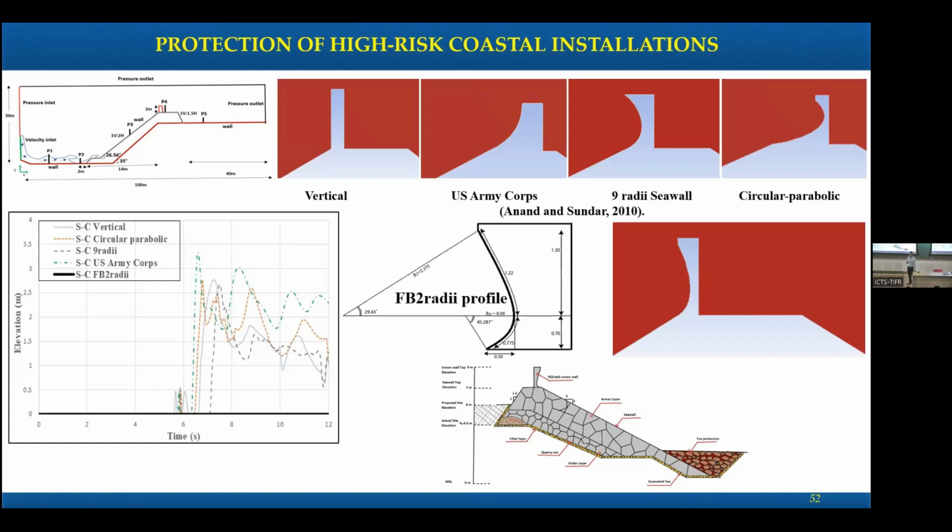The basic physics involved here is that in this profile, when the water or the surge comes, it is first pushed or rotated by the section below this point, and then the upper part is going to throw it back to the sea.